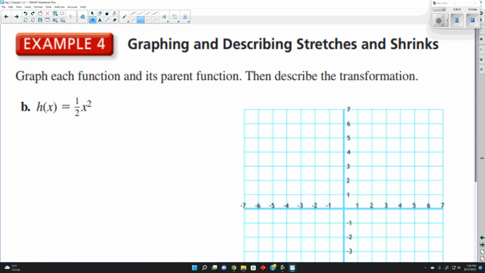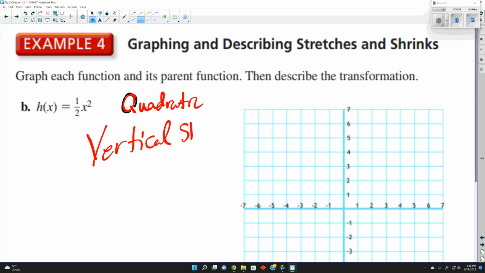How about this one here? Quadratic. And it's a vertical shrink. Yes. What do we think?